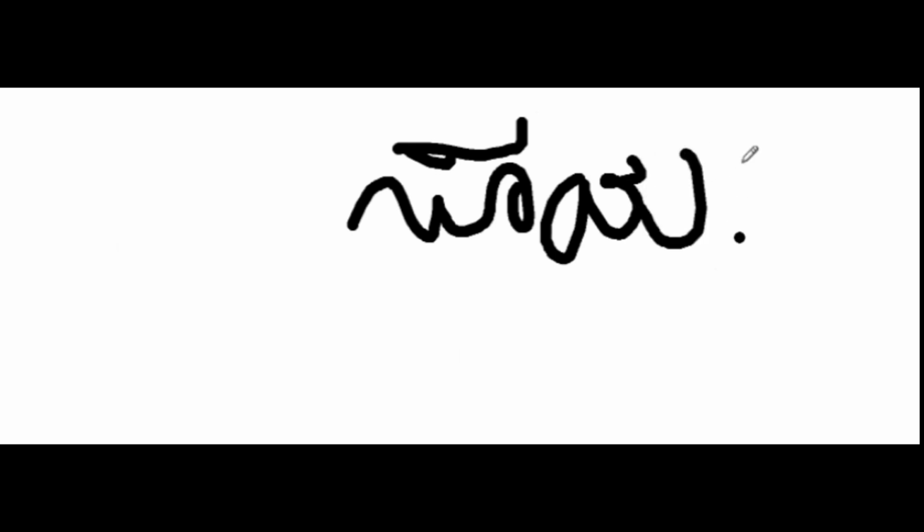Next, some letters are there like Surya. How can we write Surya in Kannada? We will write Su first, then Ya. This Rakar will come now. This Rakar will be there in Tulu also.